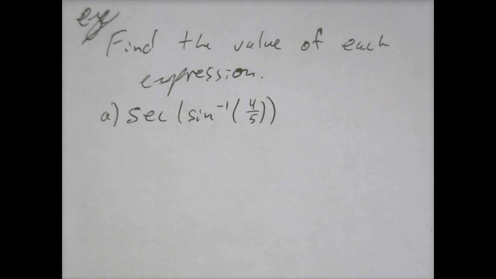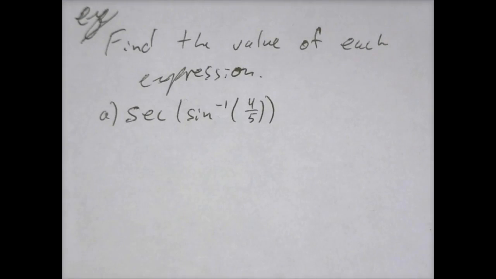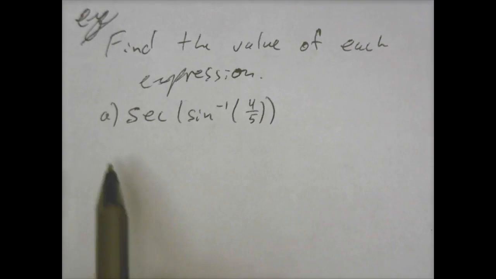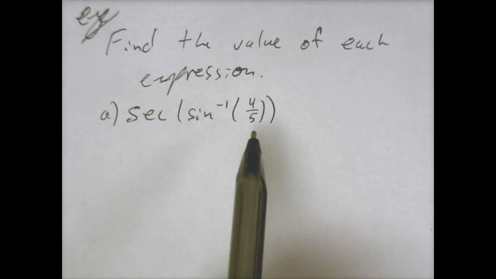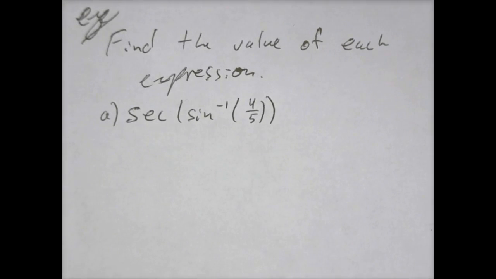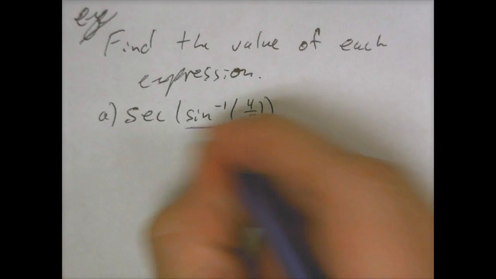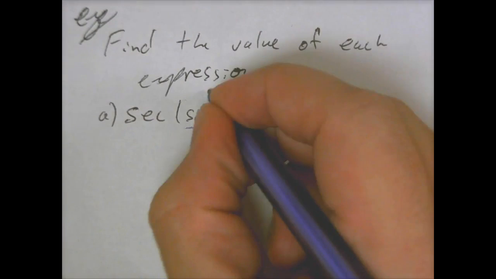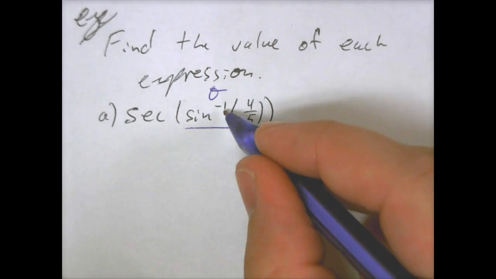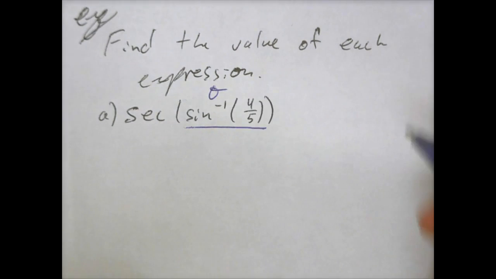Okay, we're going to look at a little bit different type of problem in this one. We are given secant of sine inverse of 4 over 5. This is going to be like your composition of functions. Remember when we had f of g of x, and we took g of x and inserted it into our f of x function? Well, if I want to do that, I can do the inside part first, and this will give me some angle. Since I know that this is an inverse function, it'll give me an angle as an output.